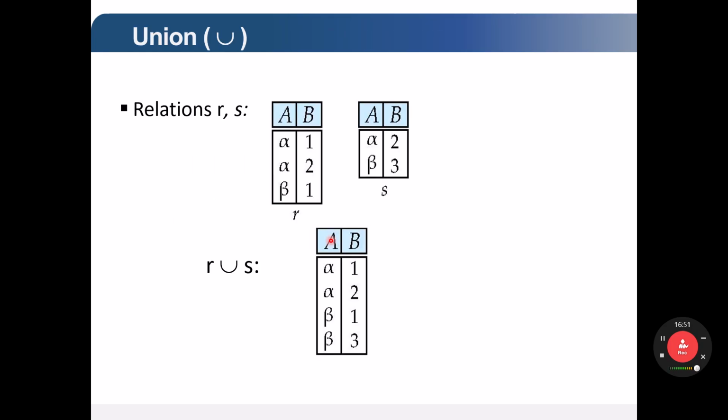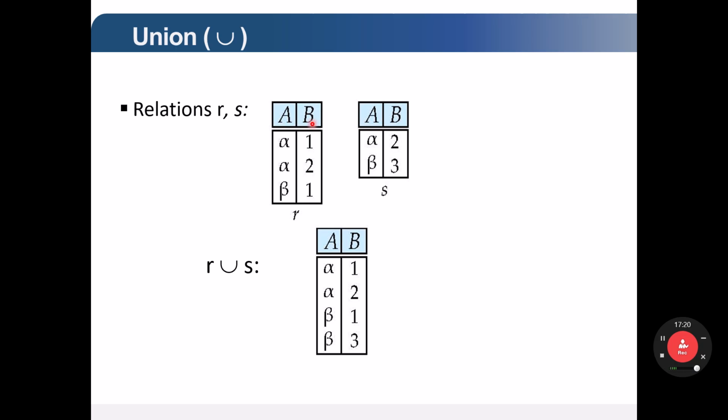So let's look at each of the operators. So union, everyone knows what is union. In DBMS, to apply this union operator, we need 2 sets. So union is a binary operator. We need a left operand and right operand, and this left and right set must have the same number of attributes and same domain types.